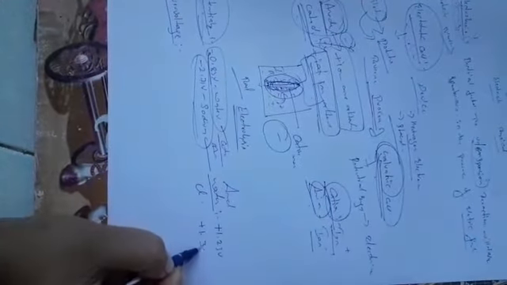For anode, water is plus 1.23 volts, and chloride, which is an anion, is plus 1.36 volts.